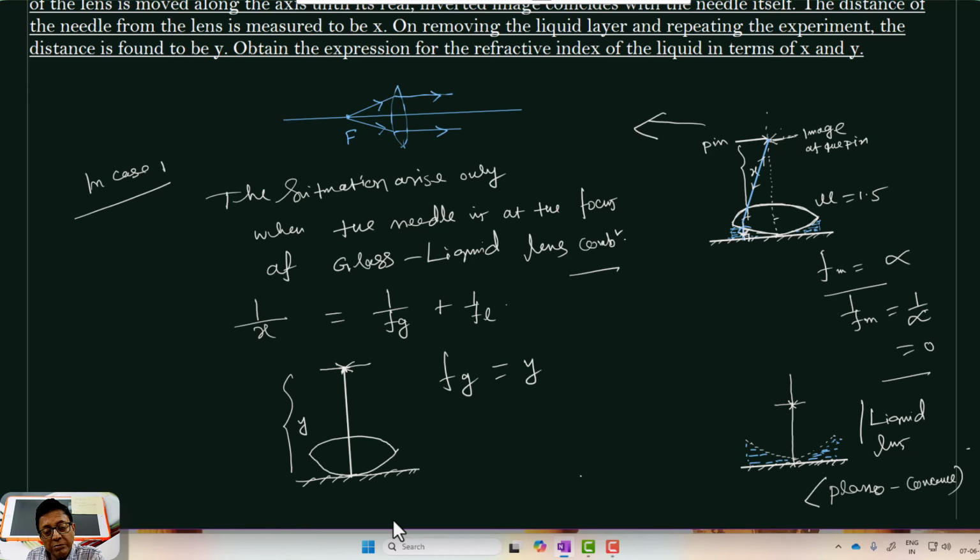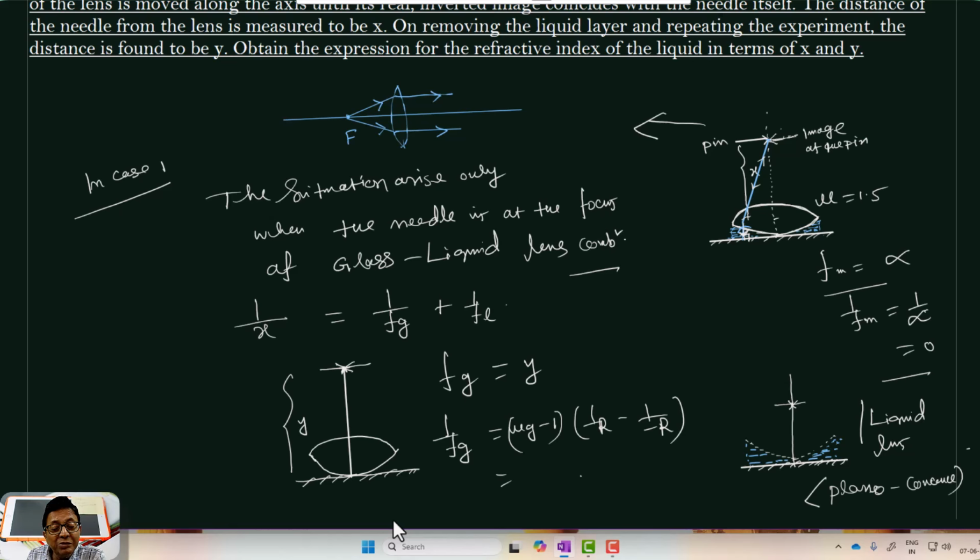Clear? Fg equal to y, but Fg is what? 1 by Fg equals (mu g minus 1) times (1 by r minus 1 by minus r), because it is a glass equiconvex lens.